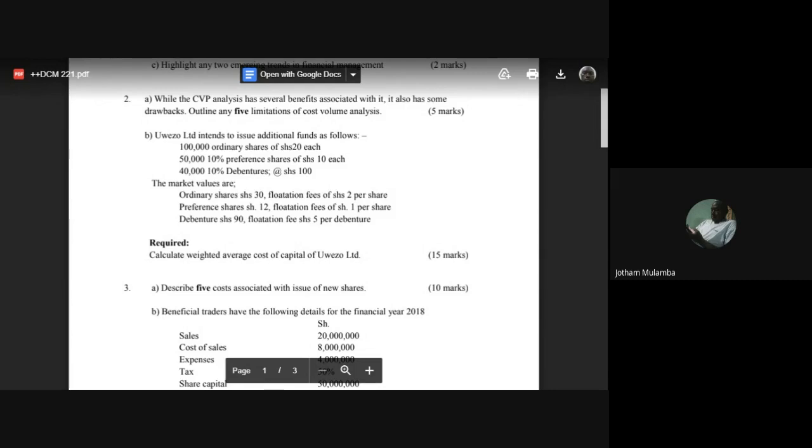So you can take a minute or so to have noted down question 2b, and then we start solving it. Once you are ready, kindly notify me so that we start solving it.